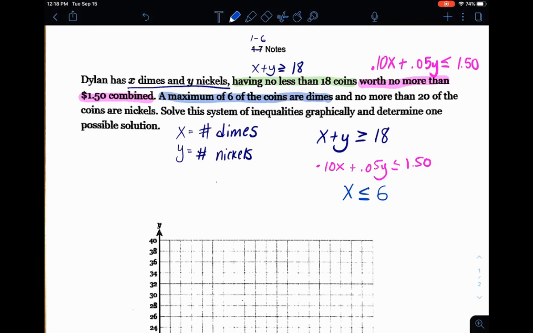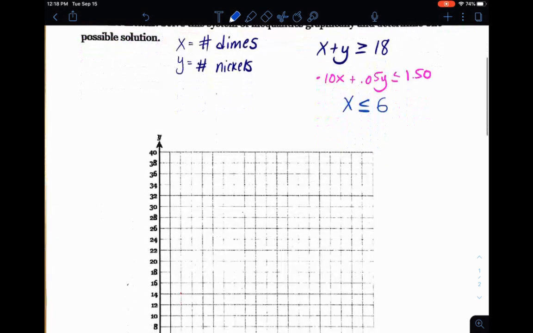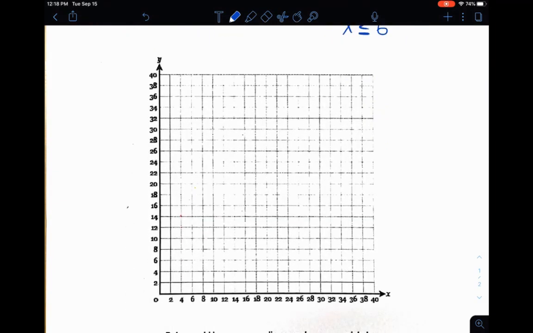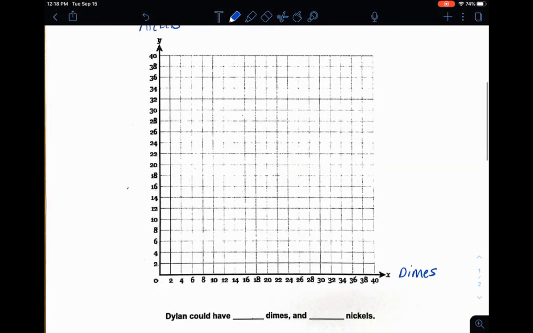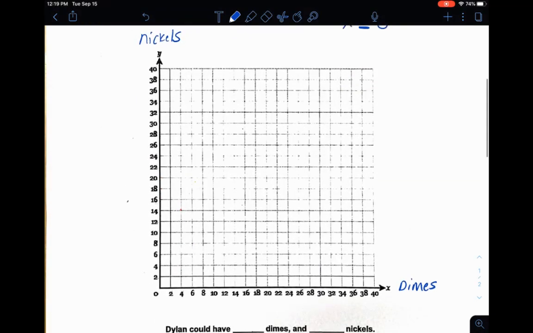So, what about if I'm looking at my graph here, and I know I'm talking about dimes and nickels? Am I going to go off to the left of the graph or below? Why? We can't have negatives, right?